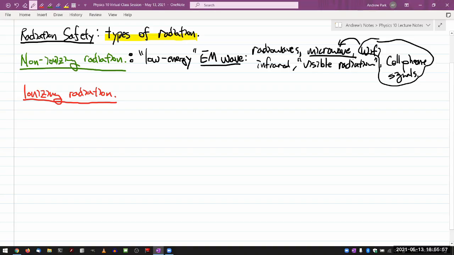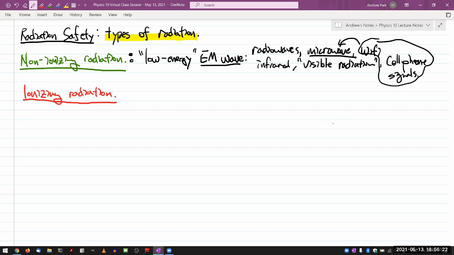Microwave is a specification for a range of frequencies in the EM wave spectrum that I think you saw in chapter 12. And it's around the gigahertz range, and a lot of the wireless network signals these days are at that range. They don't necessarily operate at the same frequency as your microwave oven.